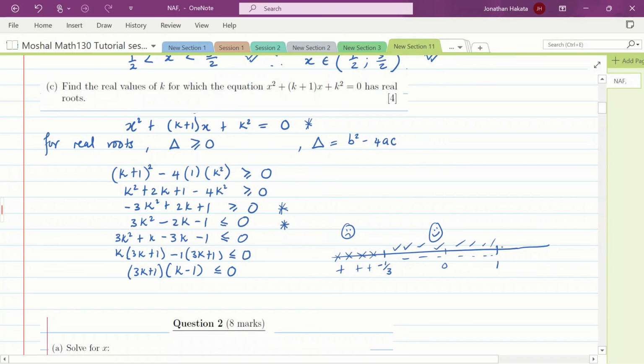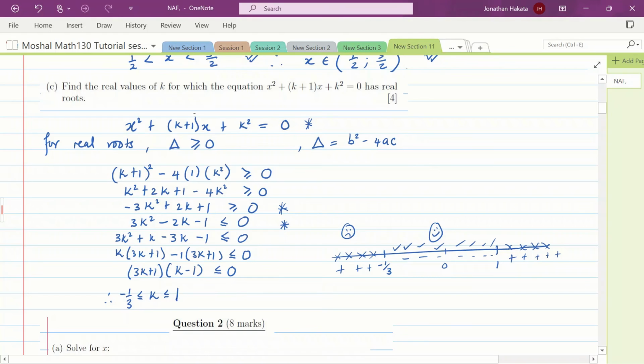But above 1, let's pick a 2, put a 2 in this inequality, you have 6 plus 1, which is a 7, 7 by 1, which is positive. So we're getting positives everywhere here. So this region is rejected. So the only answer would be that k is less or equal to 1, and greater or equal to minus 1 over 3.